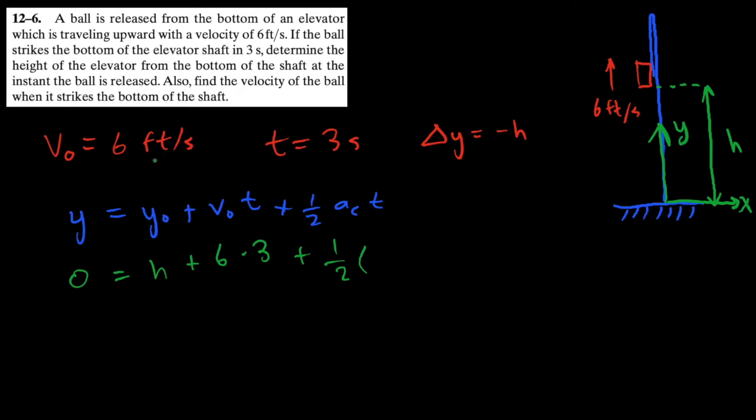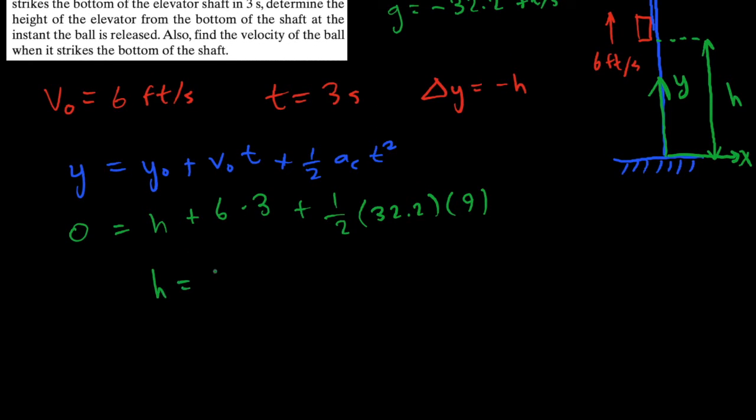This is important: we're working in feet, so the value of g, our constant acceleration, is 32.2 feet per second squared. Let's plug that in: 32.2 times, oh, I forgot the squared, times t squared, which is 9, because 3 squared. When we solve this, we get the value of h as 127 feet.